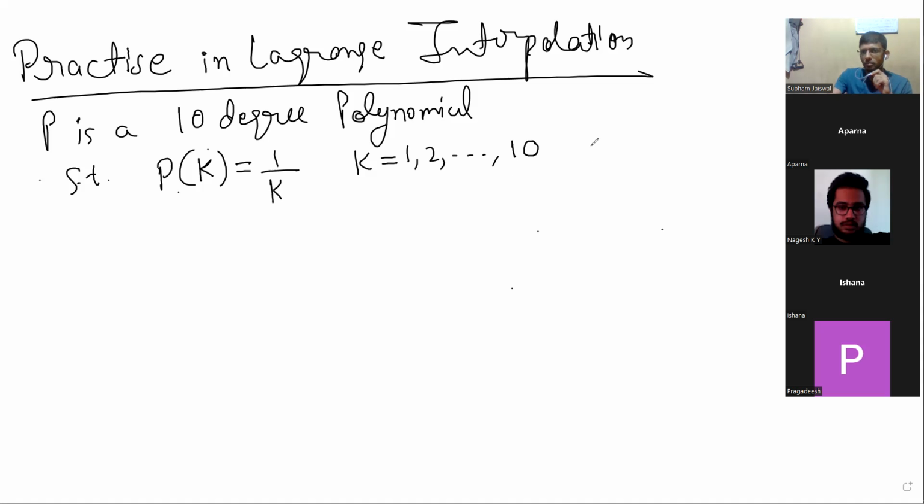And let's say that P of 0 is 1. Right. Find P.